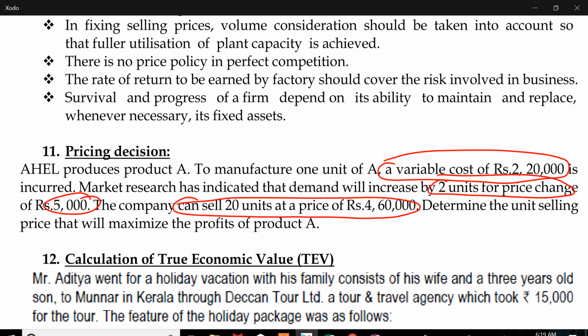Read it carefully and let me know. At what price will we sell 0 units? 20 units can be sold at 4,60,000.